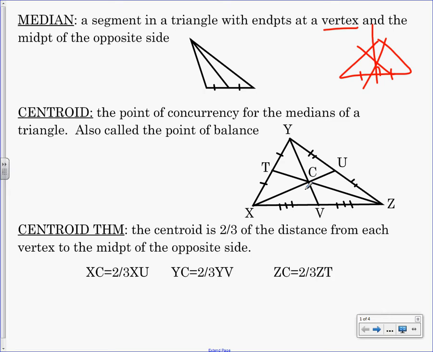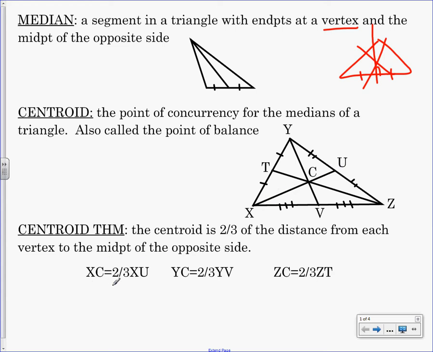From the other day, we said it was equidistant to the sides or equidistant to the vertices. The rule today is 2/3. So the centroid theorem says the centroid is 2/3 of the distance from each vertex to the midpoint of the opposite side. All that means is from X to the centroid, so vertex to the centroid, equals 2/3 of vertex to the opposite side.